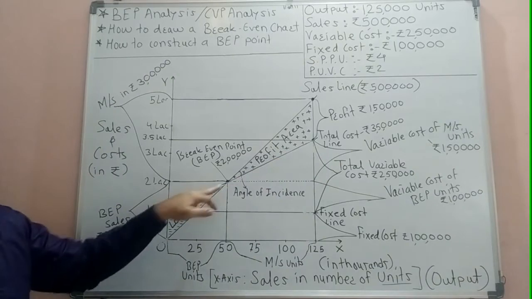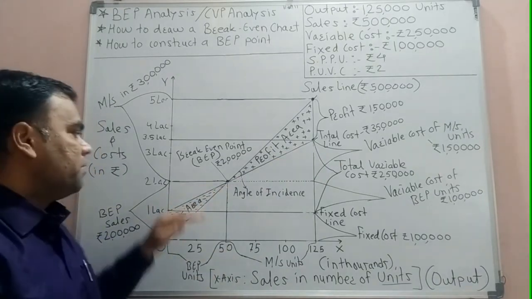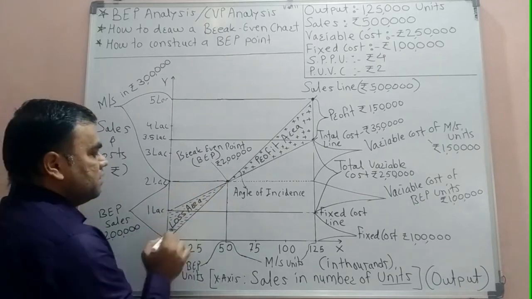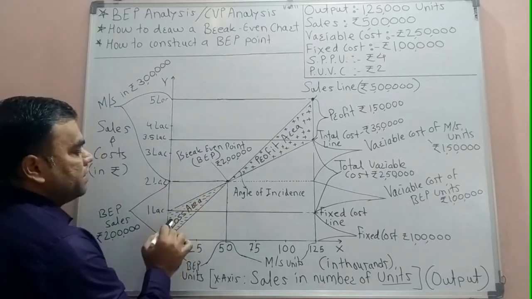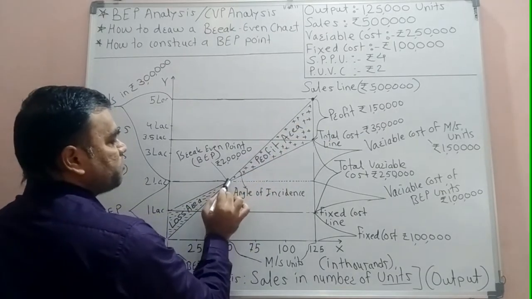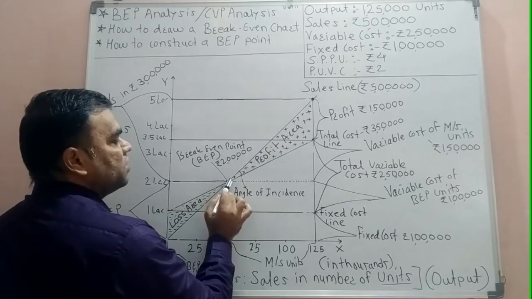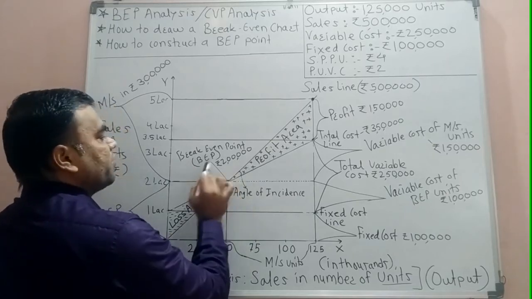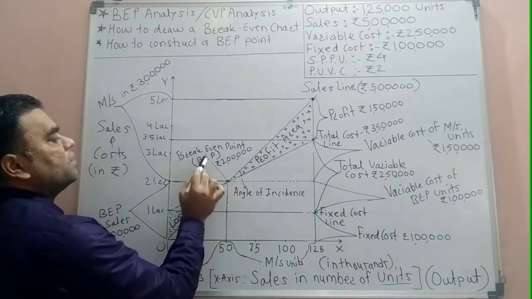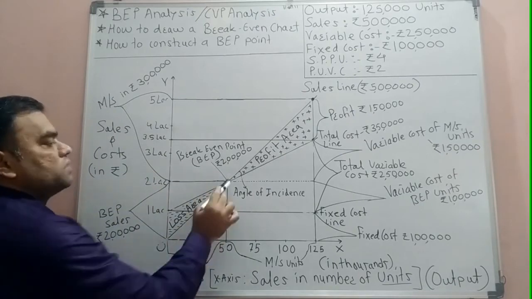This triangle denotes loss, this triangle denotes profit, but this point is where there is no loss and no profit. That's why that point is known as the break-even point. At that point your sales is 2 lakh and your cost is also 2 lakh. So no profit, no loss.